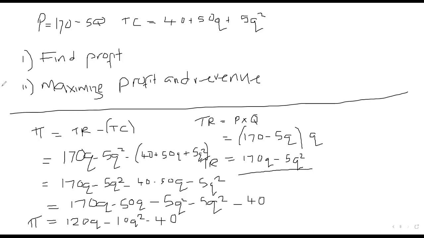We differentiate the profit function and equate it to 0. How do we maximize revenue? We differentiate the revenue function and equate to 0. This process of differentiating and equating to 0 is called optimization. To optimize is to find the best value of the output that will maximize or give you the highest revenue or profits.